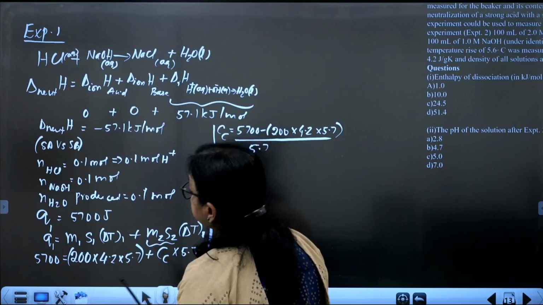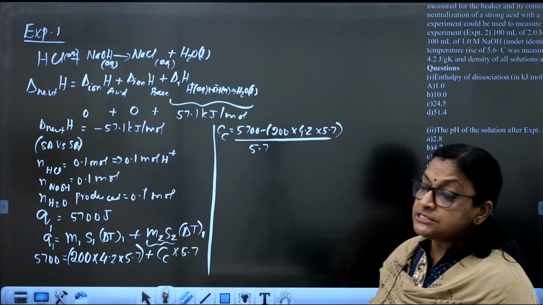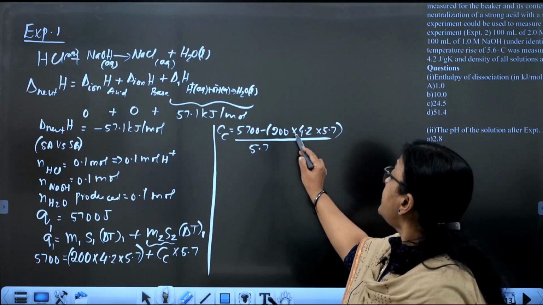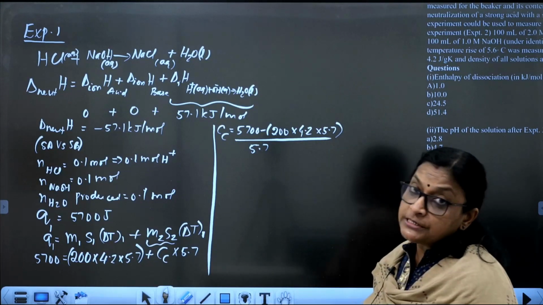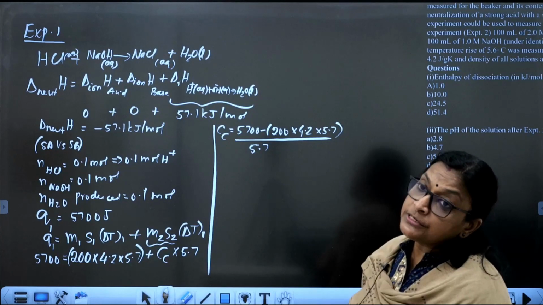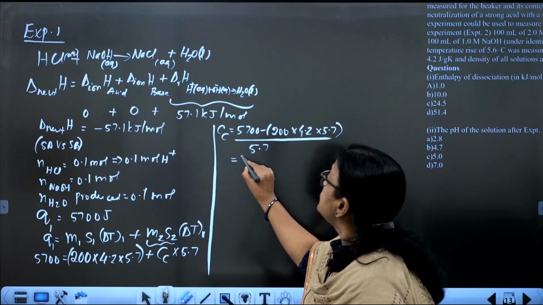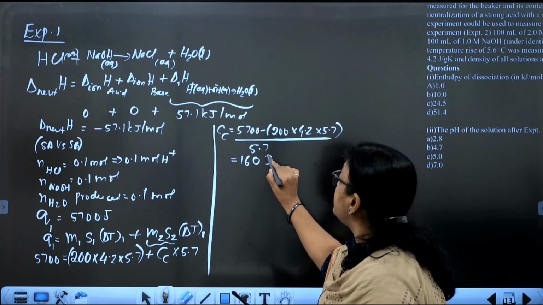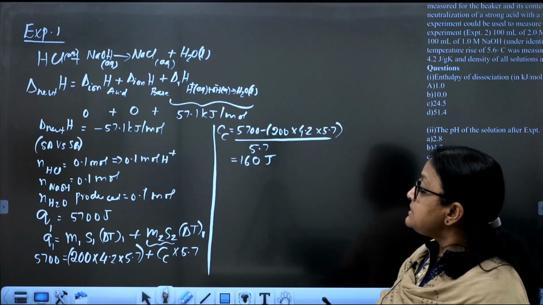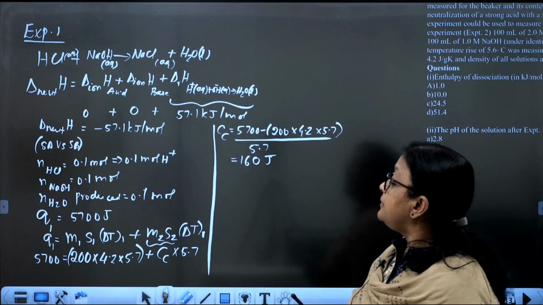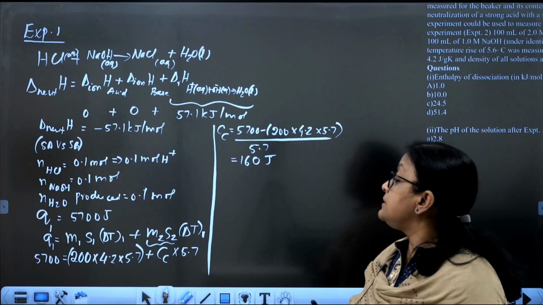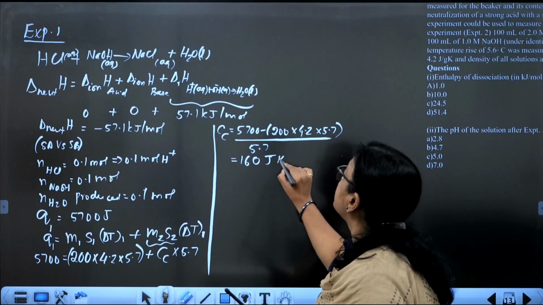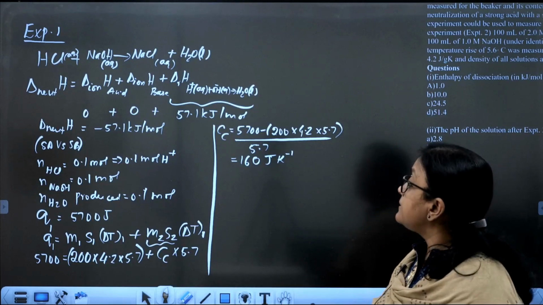Hope it is clear. On doing this, you will get it to be 160 joule. You will get the calorimetric constant to be 160, which is mass into specific heat, so joule per Kelvin, joule per degree. 160 will be the answer you will be getting.